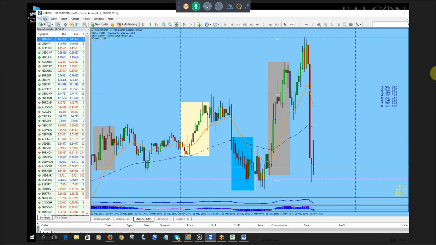Now, do you focus on any particular pairs? When you do your initial analysis, you're looking at the H4 and going through all 28 pairs? No, I look at about seven or eight. The majors, and maybe a pound Aussie, Euro Aussie, and on occasion Euro pound because it pays double.